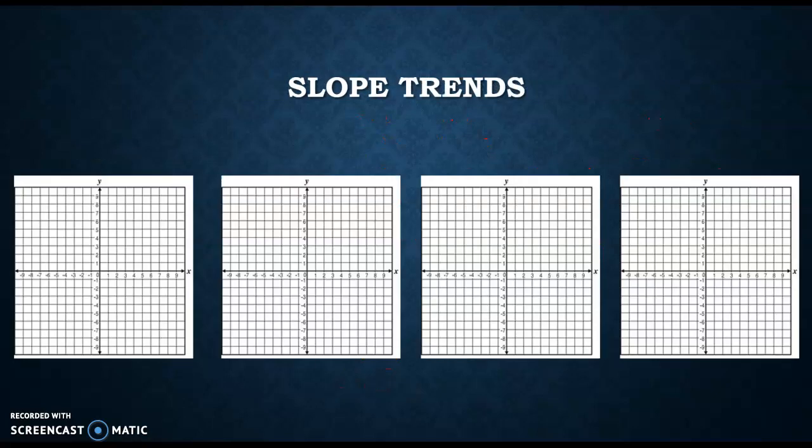Now, we're going to talk about slope trends real quick. If you have a positive slope, it's going to go up from left to right, and it doesn't matter how steep or not steep. If it is going up from left to right, it's a positive slope. If it is going down from left to right, this is a negative slope. And again, it can be really steep.